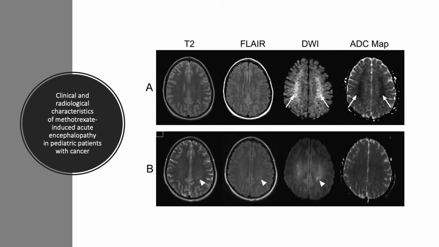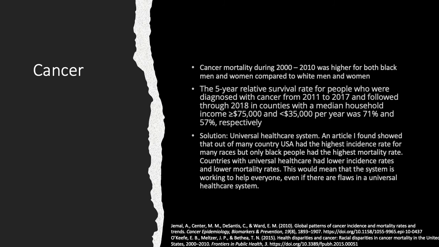So from this research study, they found that they couldn't make a direct connection to methotrexate-induced acute encephalopathy, but if pediatric patients have any symptoms of encephalopathy, they should go get imaging done.